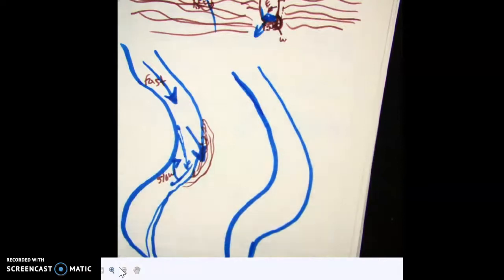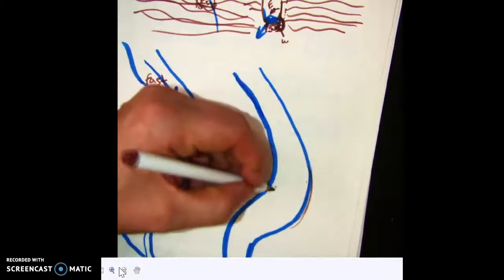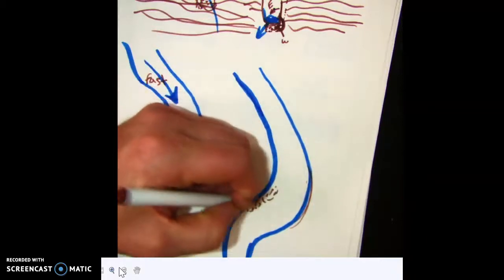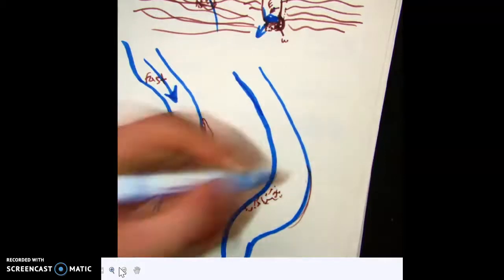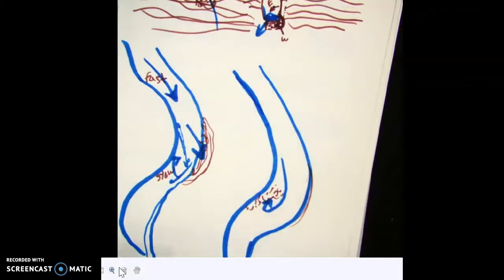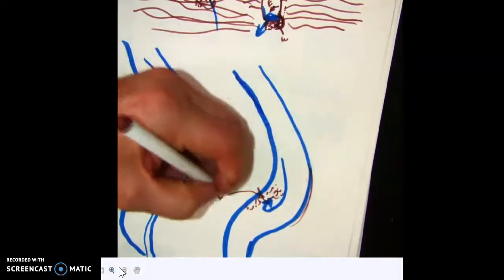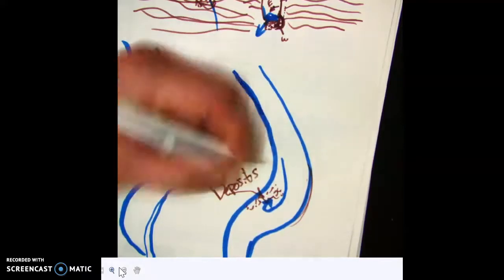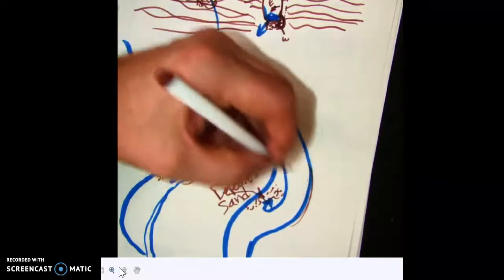Major difference is this bank is being cut away, and in this slow spot right here, right where the water's coming past, it has to swirl back around to fill back in. We're going to get sand, right? So this is going to be a deposit. Okay, because it's slow water.